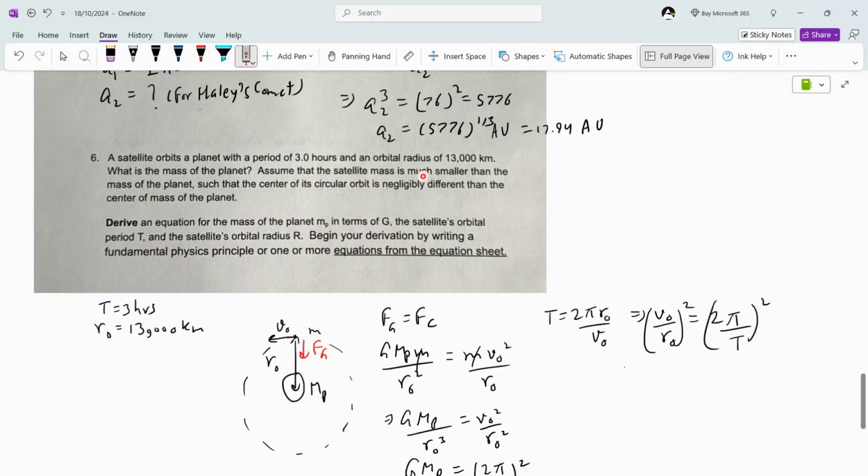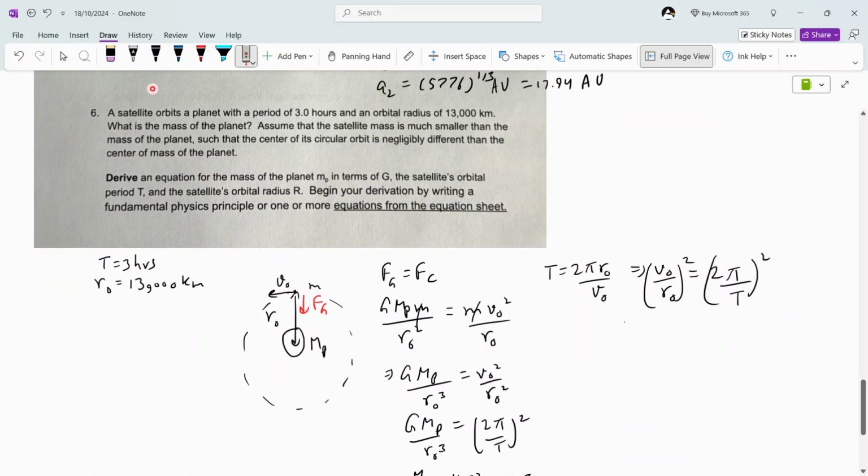Assume that the satellite mass is much smaller than the mass of the planet, such that the center of its circular orbit is negligibly different from the center of mass of the planet. Derive an equation for the mass of planet MP in terms of G, the satellite's orbital period, and the satellite's orbital radius. Begin your derivation by writing a fundamental physics principle or one or more equations from the equation sheet.